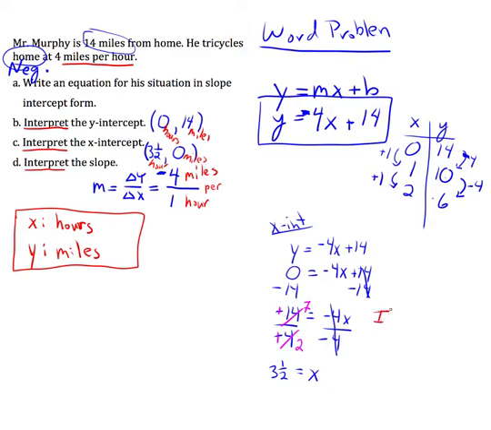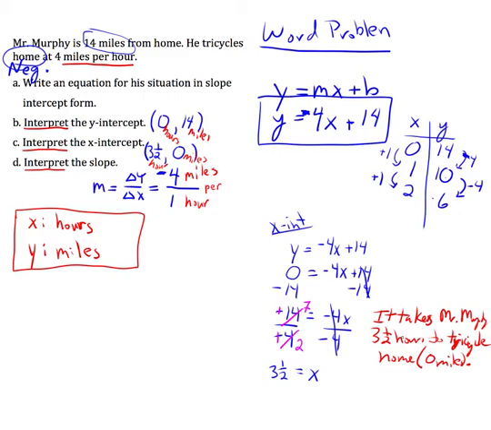So it takes Mr. Murphy 3.5 hours to tricycle home. Now, I'm going to put in home as 0 miles because I want to be very clear that I'm talking about that 0. And home is implied.